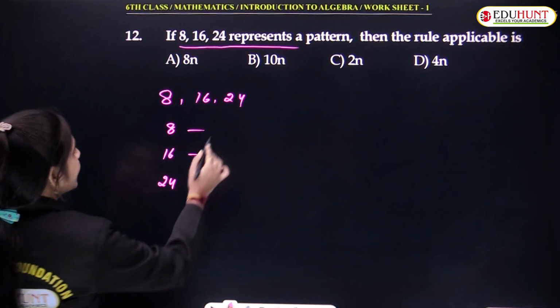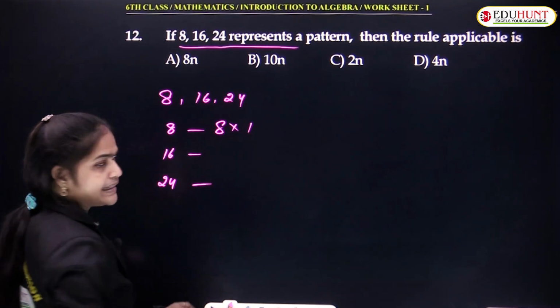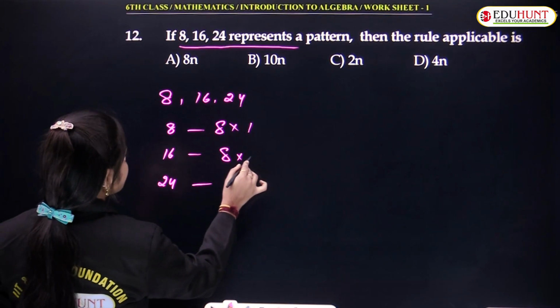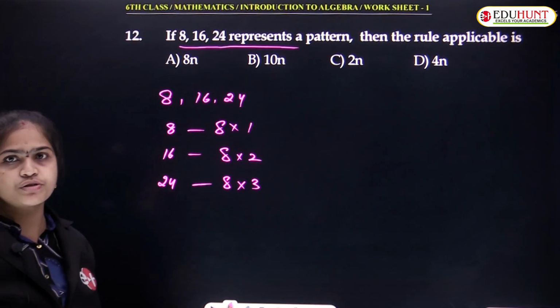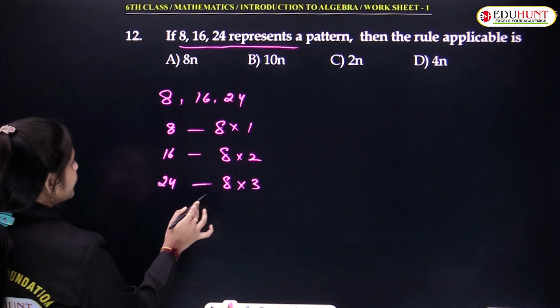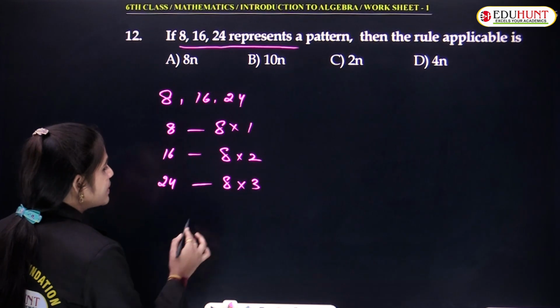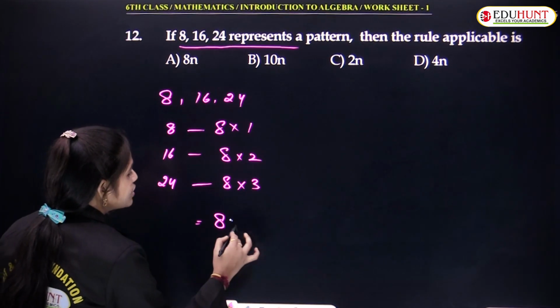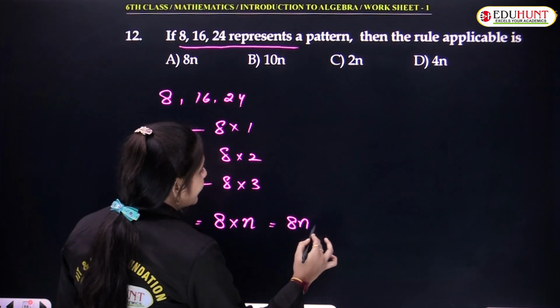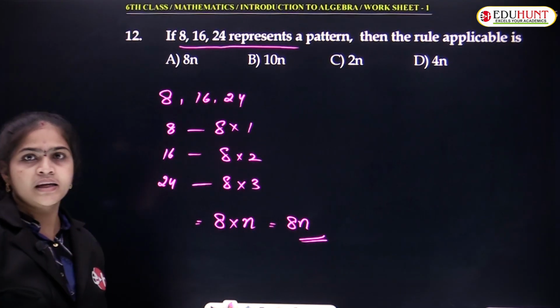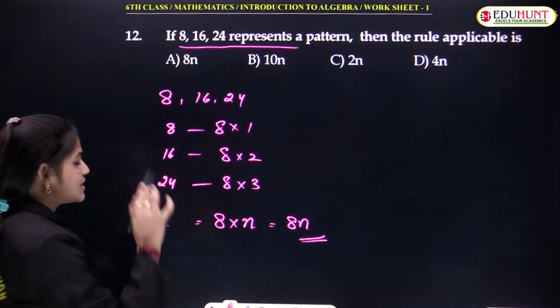So easily we can write this as 8 ones are 8, 8 twos are 16, 8 threes are 24. Is it satisfying or not? As per this condition, finally it follows the rule 8 into n, which is 8n.